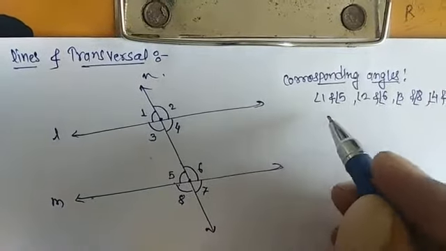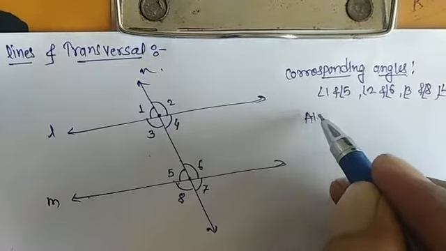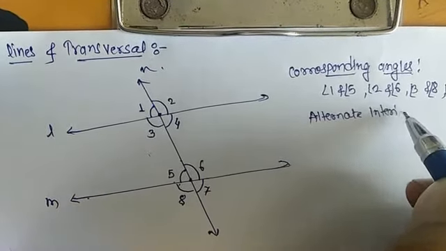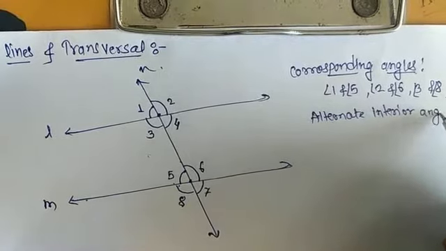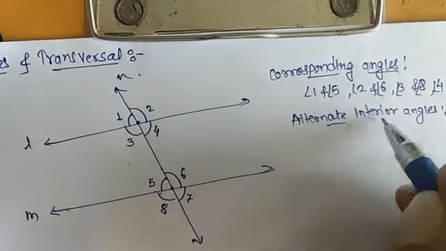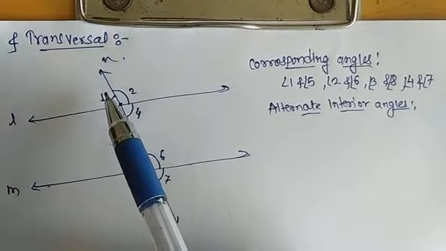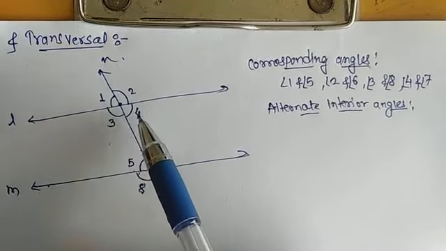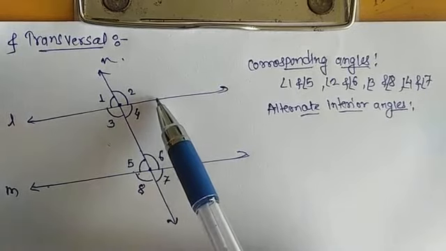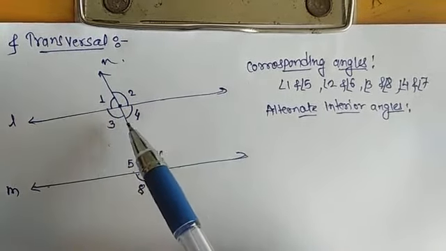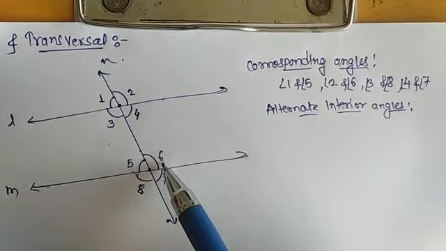Now alternate interior angles. Interior angles are the angles between the two parallel lines, that means 3, 4, 5 and 6 are interior angles.